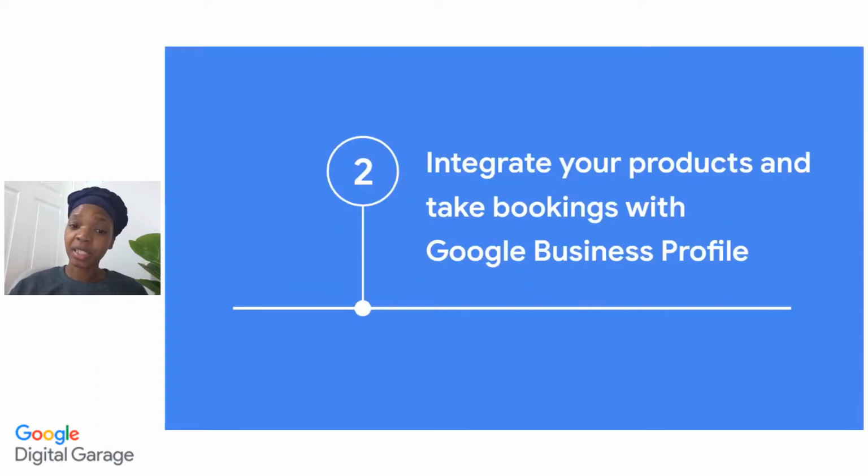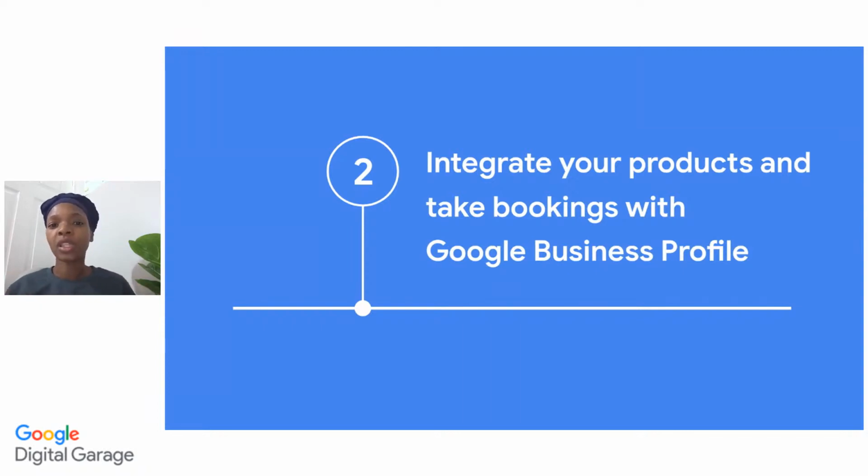Now, the next thing is to look at how you then take your business profile and integrate any products that you have, or maybe even take bookings. If you're selling goods, it could be clothes, it could be grocery items, whatever it is you're selling online. It could be that you have a spa, or maybe you have a dentist practice and you want to be able to schedule bookings with people.